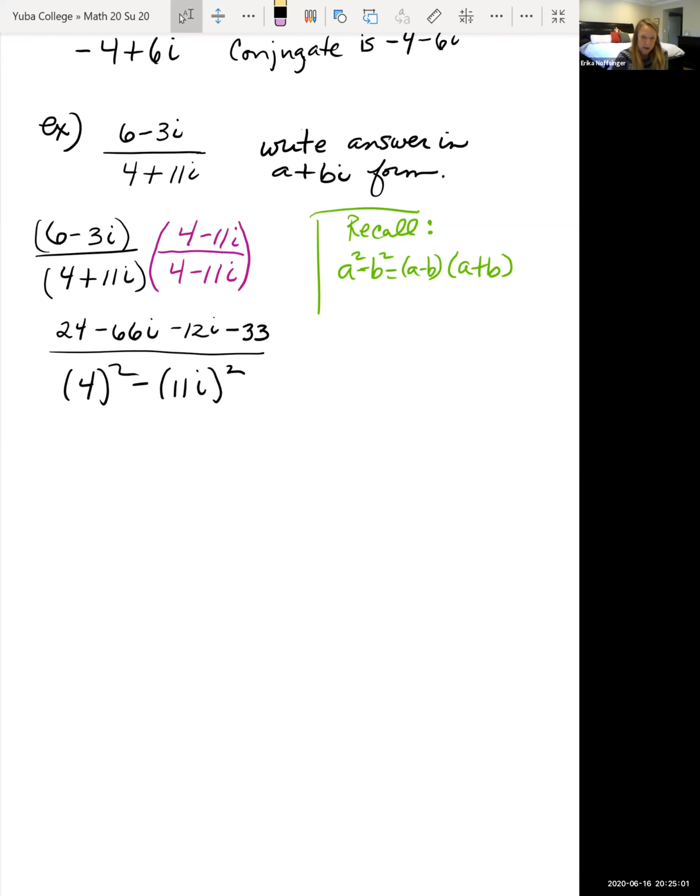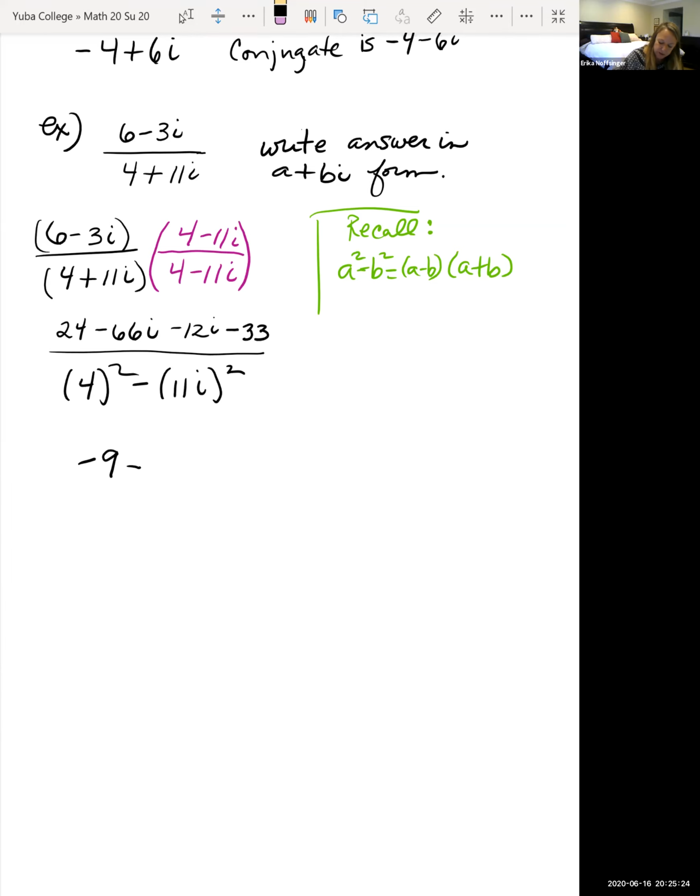Okay, so let's combine like terms in our numerator. Combining my real part, 24 minus 33. So 33 minus 24 is 9, and the larger number is negative, so negative 9. And then I have negative 66i minus 12i, same signs, add. It's going to be minus.